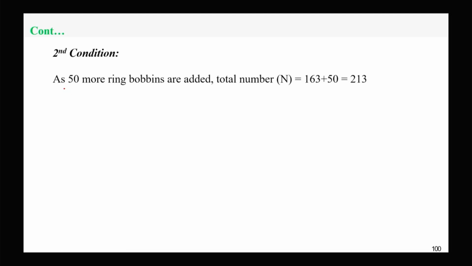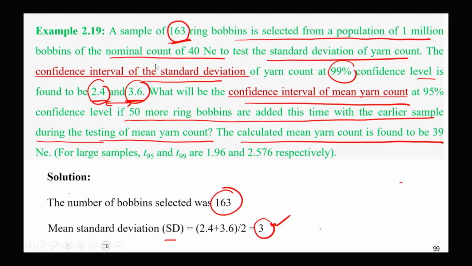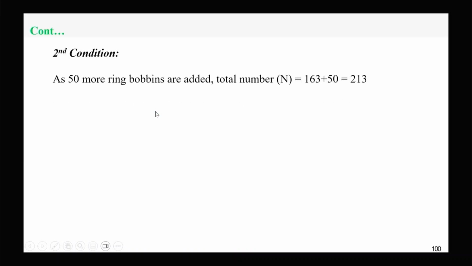So 50 more bobbins: initially it was calculated for standard deviation, but for the confidence interval of mean at 95% level, we have added 50 more bobbins. So effectively the number of bobbins is 213. So n becomes 213.